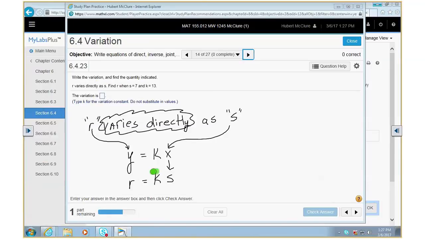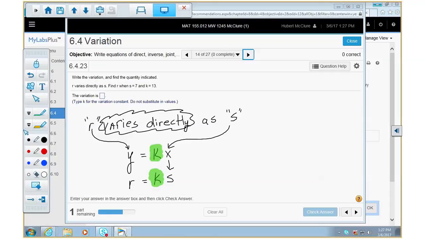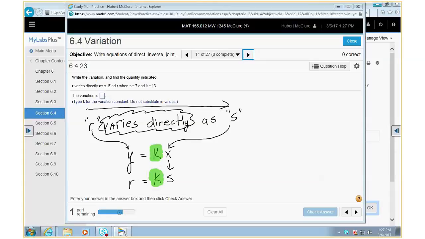K never changes. Because that's what you're trying to find. All of these problems, they're going to ask you different variables. All you do is read from left to right. This one goes in for the Y. This one goes in for the X. And now, you've taken care of this. Knock that out. That's gone. You don't need that anymore.